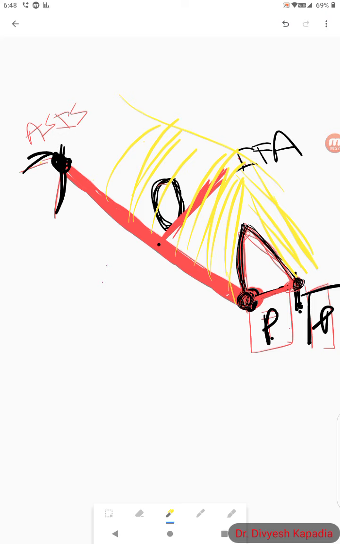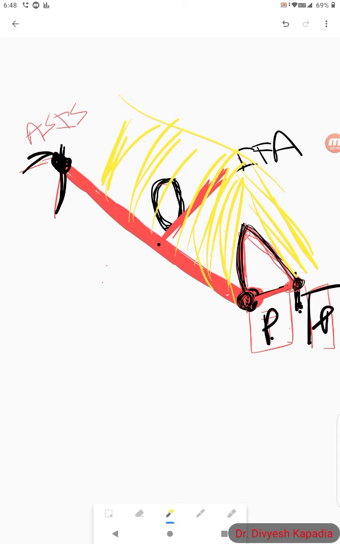Superficial to the external oblique aponeurosis, there is superficial fascia and skin. So we can say the anterior wall is formed in its entire extent by skin, superficial fascia and external oblique aponeurosis. These three structures form the anterior wall along the entire length of the inguinal canal.